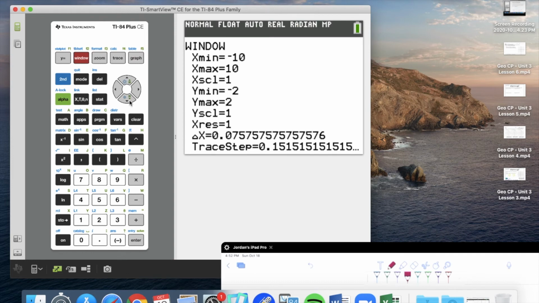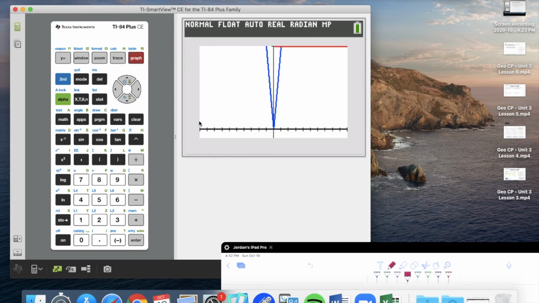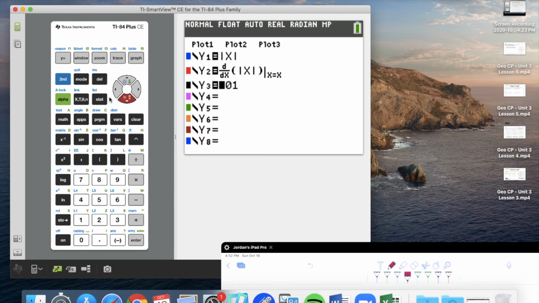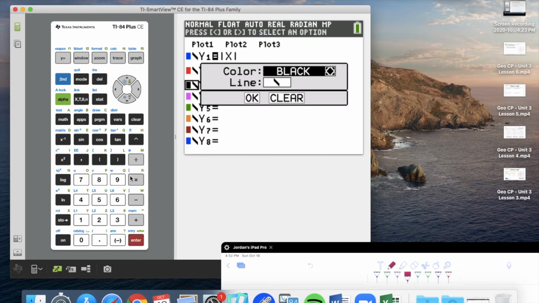Let's change this between -0.1 and 0.1. Whoops, that's not what I wanted. And if I do 1/10 of it, watch this. This is the line it's trying to graph right there. You can't even see it because I'm graphing it in black, but it's just trying to connect dots.